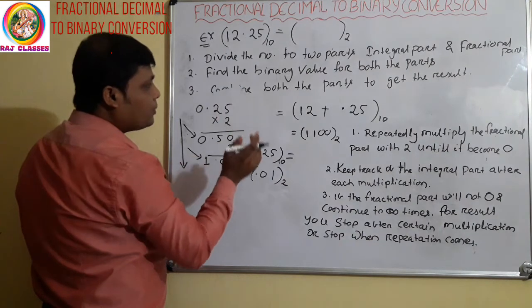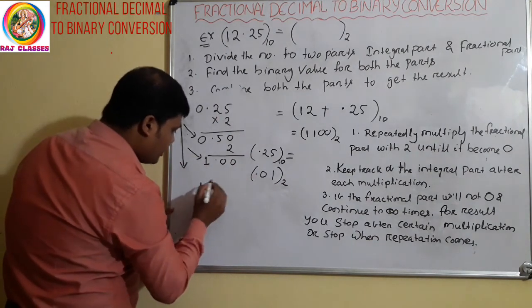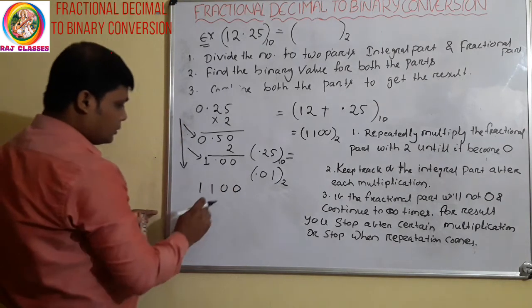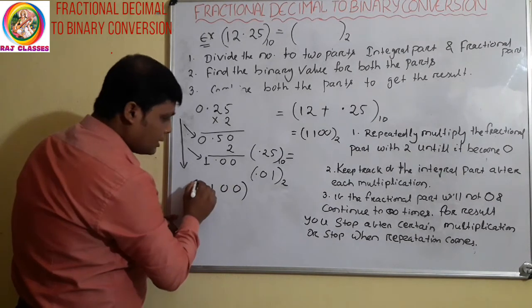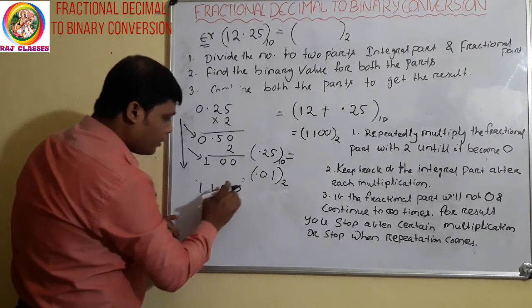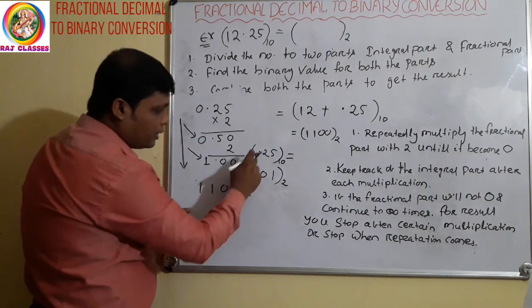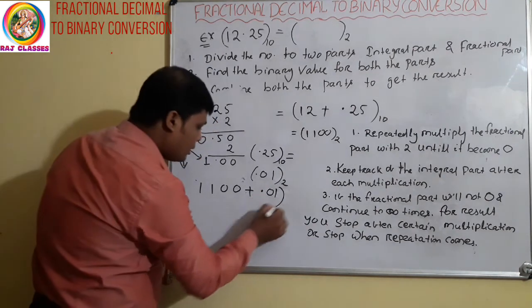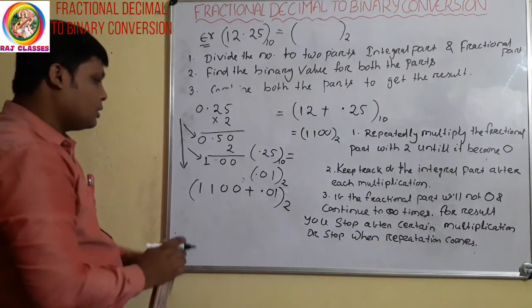What is the binary value of 12? This is 1100 base 2 for 12, plus for .25, this is 0.01, binary, that means base 2.